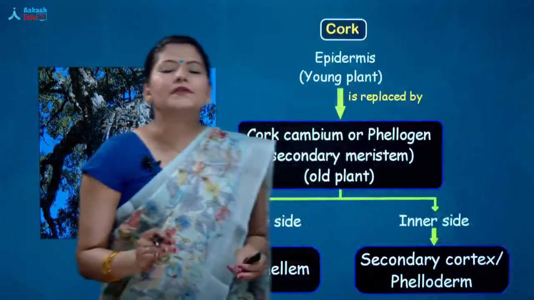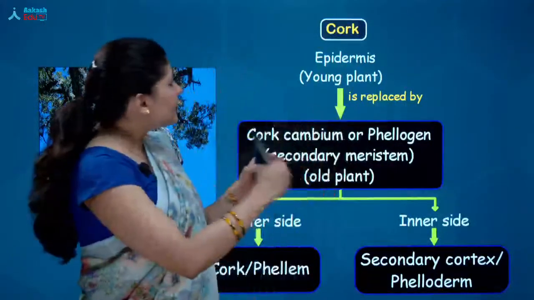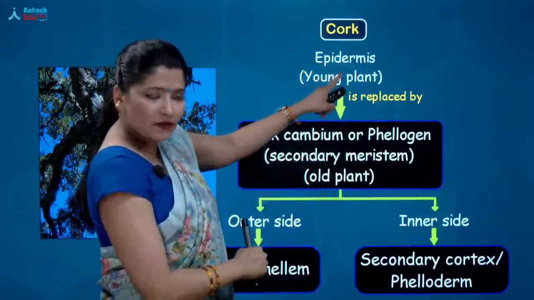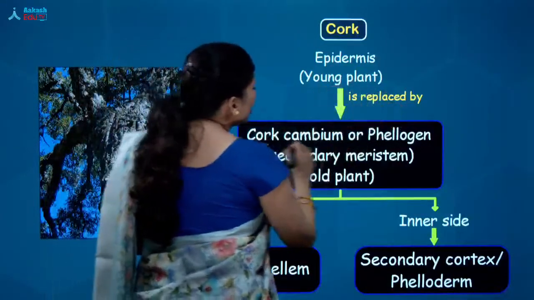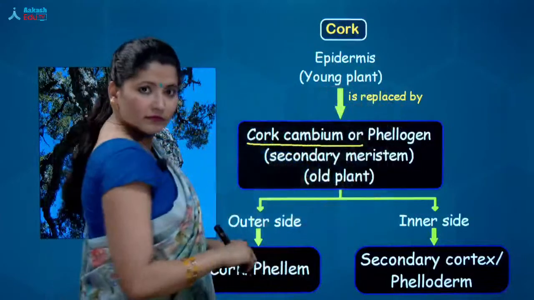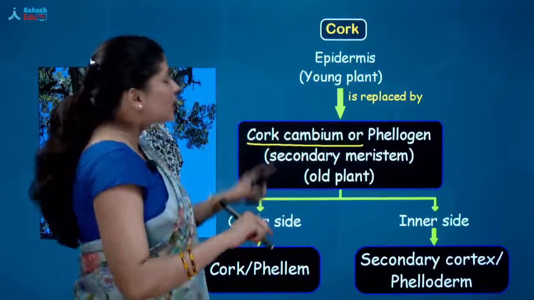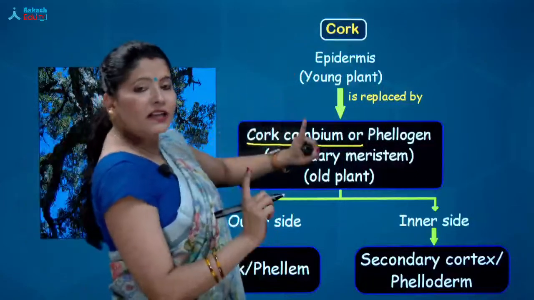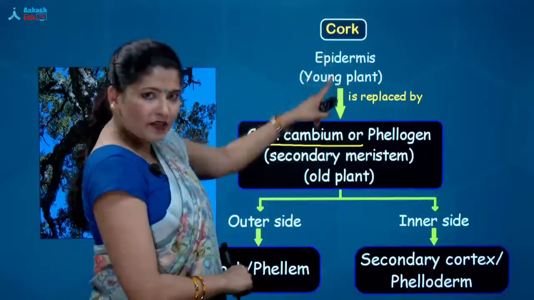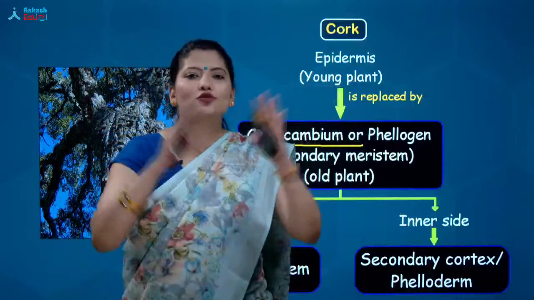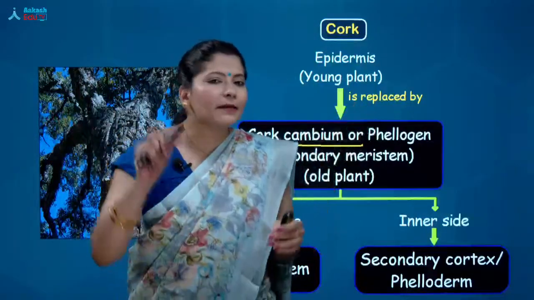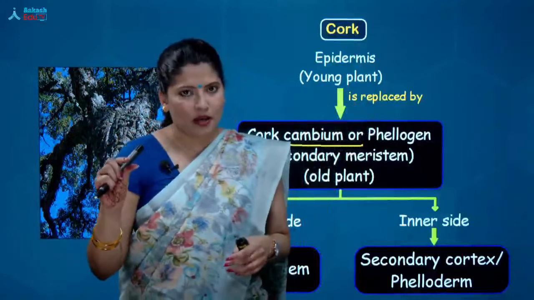So you know what happens in certain regions, this epidermis is replaced by cork cambium. Epidermis is replaced by cork cambium. So if it is a young plant, which tissue will be there? Epidermis. But gradually we see that our plant starts growing and after that bark starts forming there, right.